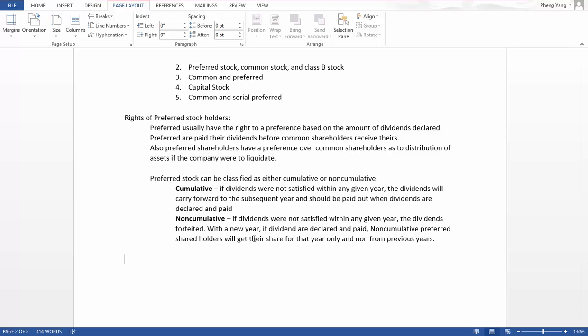All right, and then the last thing is going to be par value. In the past, the purpose of assigning a par value was to make sure that the shares would not fall below par value.